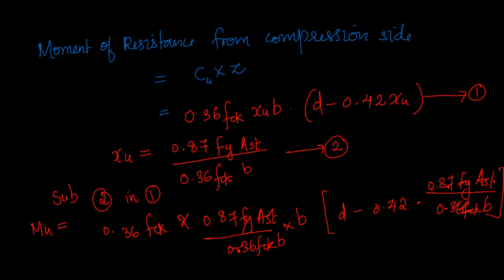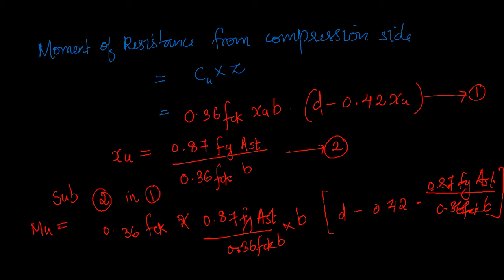Substituting equation number 2 in 1, we will be obtaining Mu is equal to 0.36 FCK into 0.87 Fy AST divided by 0.36 FCK b, into d minus 0.42 XU.